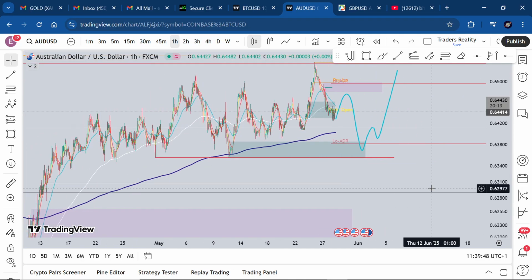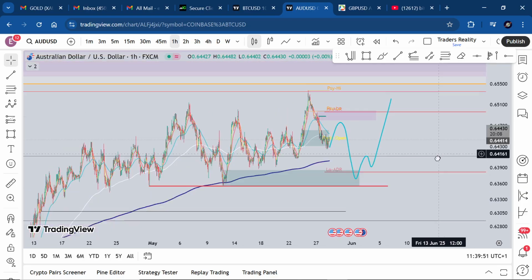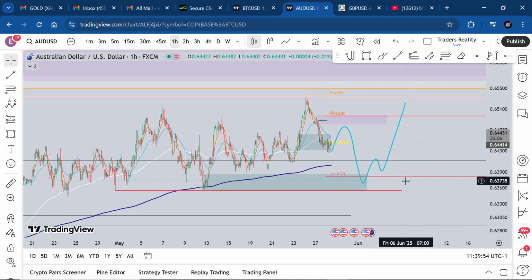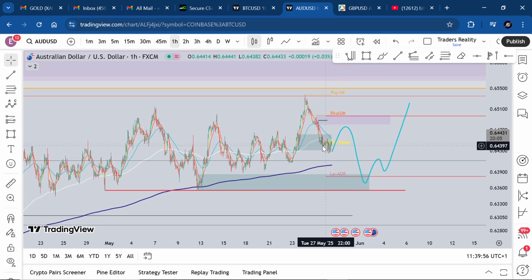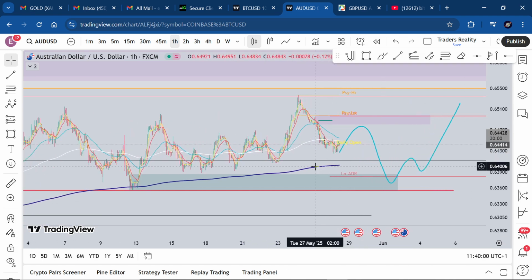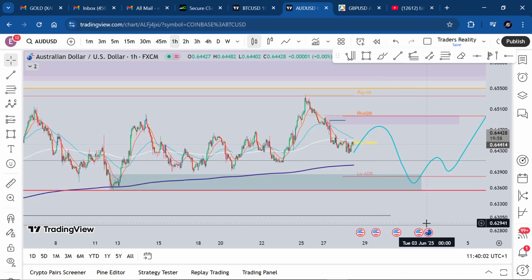But we are potentially going to correct deeper as well. There is that potential. So just inside here, I'm looking for something up to there and then a move down.